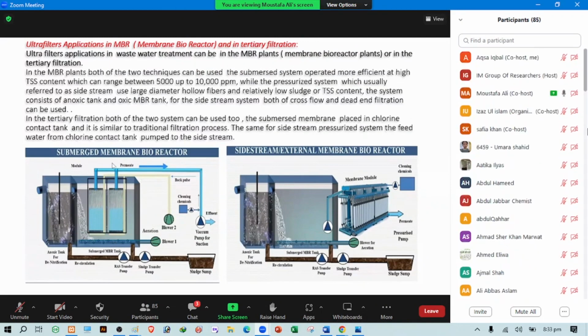So this is, as I said, with the submerged membrane. Of course, the backwash can take place every 15 minutes, every 20 minutes, according to the membrane manufacturer. Let's go to the other type, which is the side stream. Few people know that the pressurized system can be used in such an application.